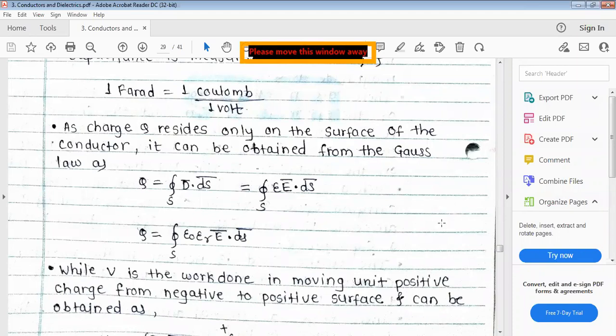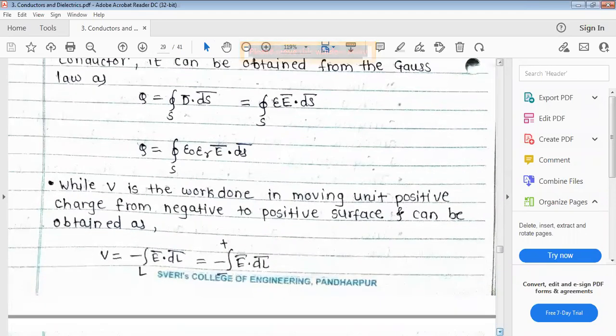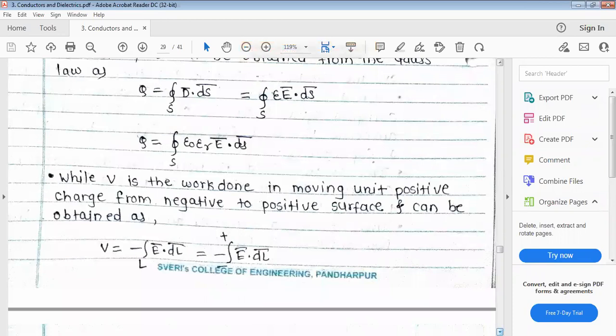We are considering two point charges. So when we are moving any charge from one point to another point, whatever be the work done in moving that charge is nothing but the potential, and it is measured in volts. We also obtained this equation in the second chapter: V is equal to minus line integral of E bar dot dl bar, right?